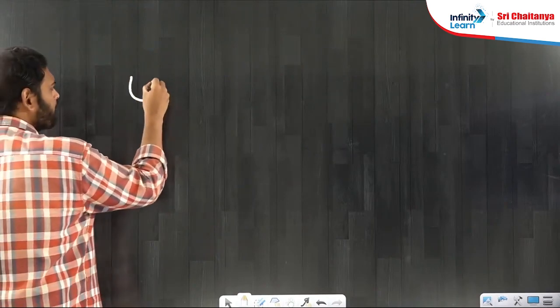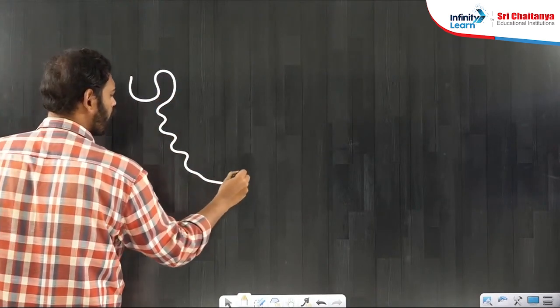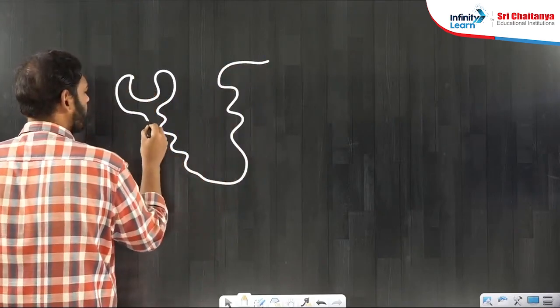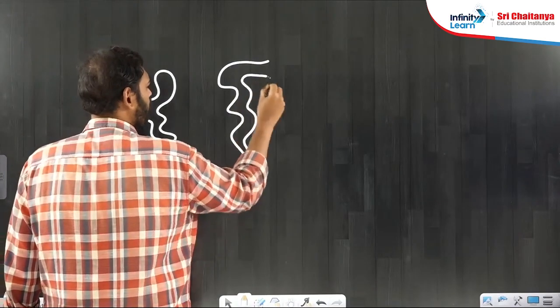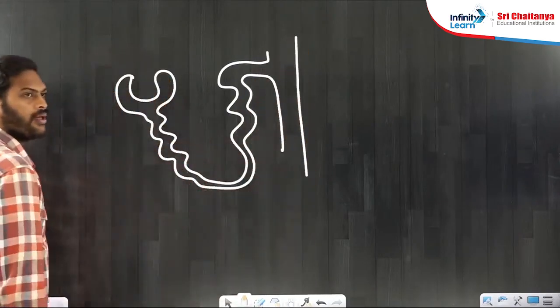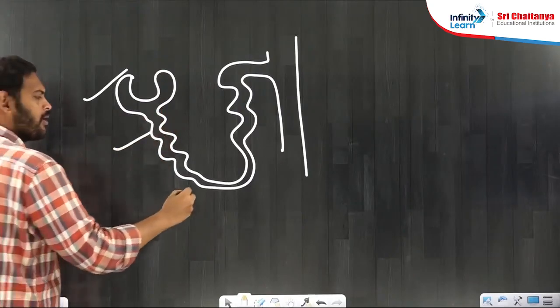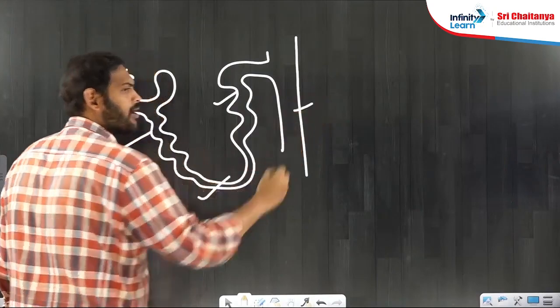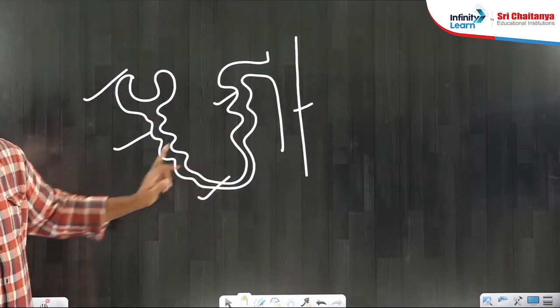However, there are some nephrons which are like this. There is Bowman's capsule, PCT, loop of Henle, DCT, collecting duct, but they have minimal loop of Henle.